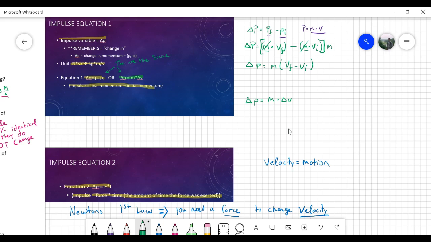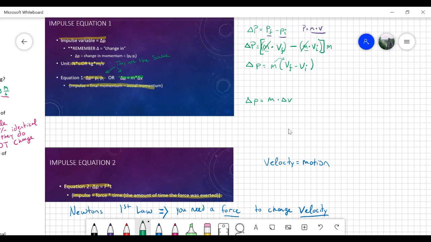Now, if you were to distribute this mass like you would for anything being multiplied to parentheses, it would give you this expression here. Okay? So you can switch between these two things infinitely, and they mean exactly the same thing. Let me get rid of that.